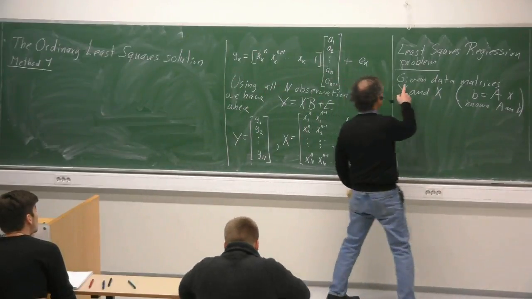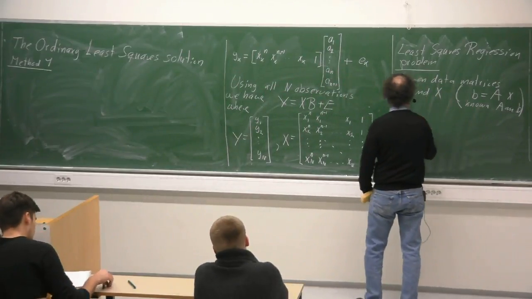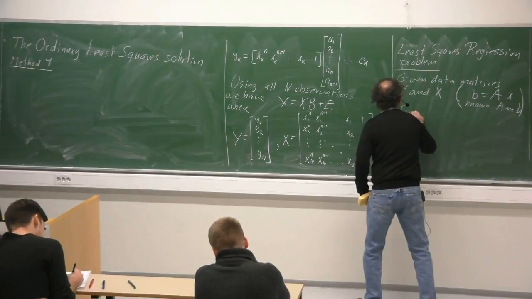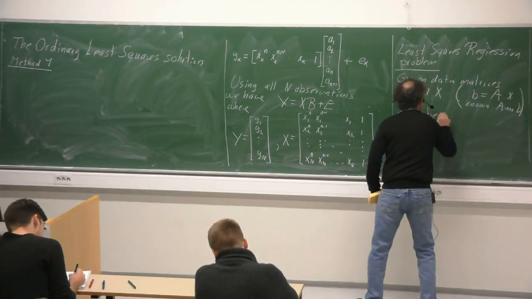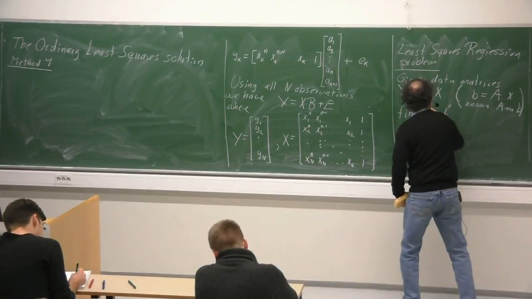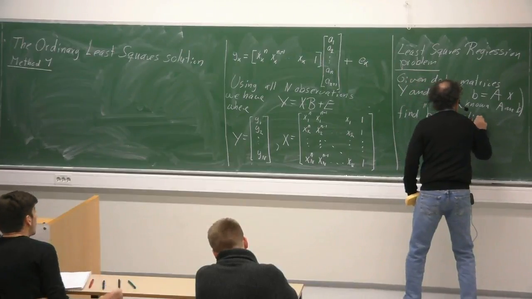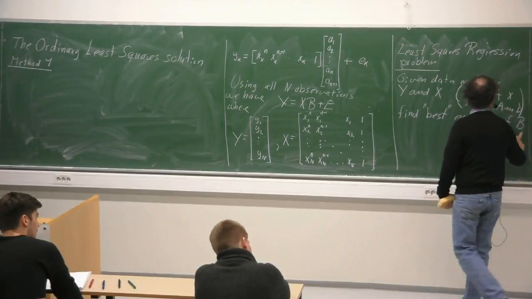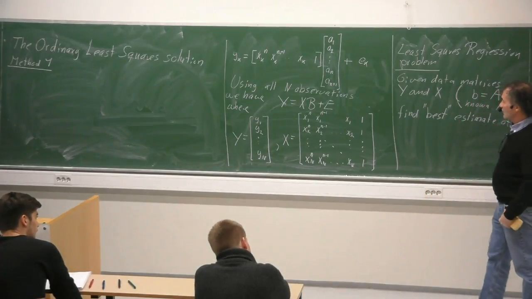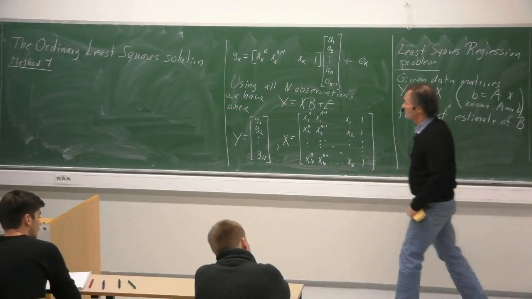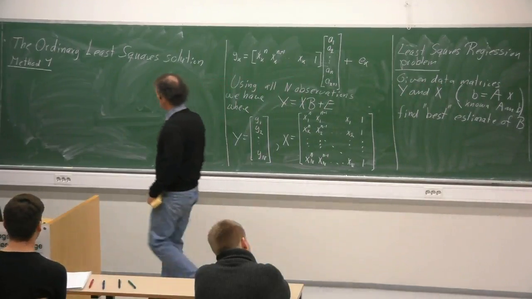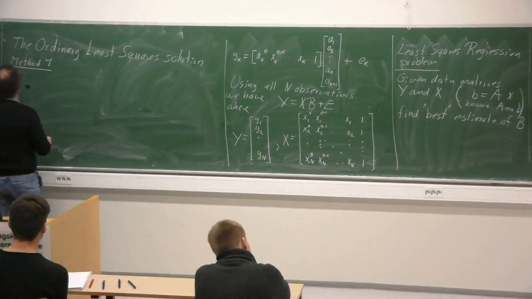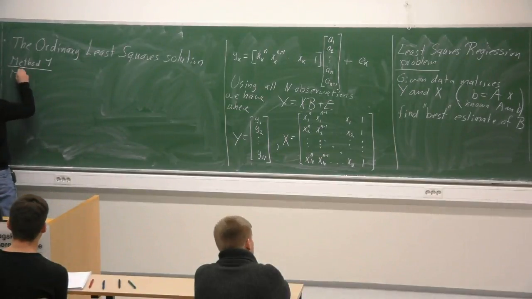So I should write: given data matrices y and X, find, estimate b. Here b is a vector with unknown parameters. But in general, this b may also exist. Minimize the error.